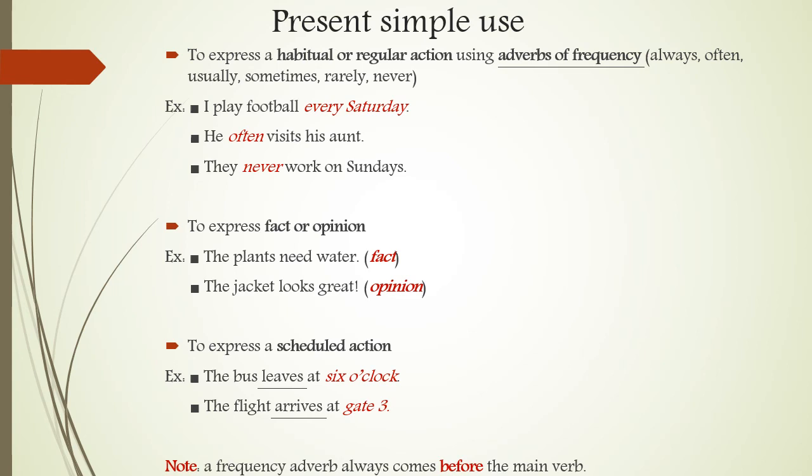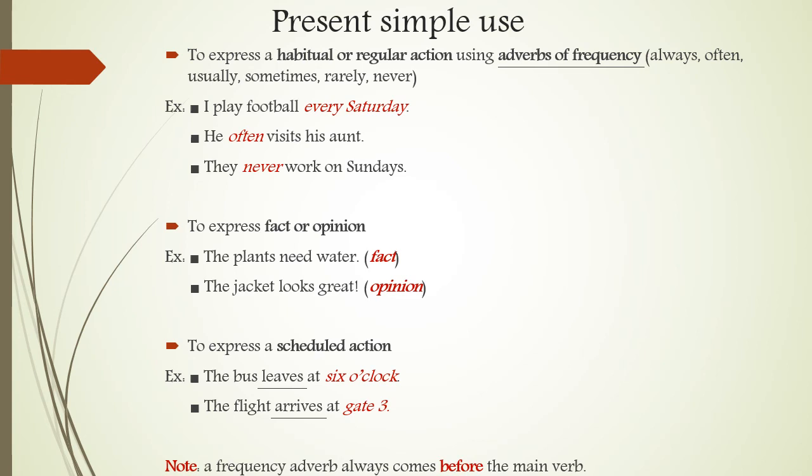So these verbs let us know that this is a scheduled action, plus we might have some keywords or hints like 6 o'clock, gate 3, at 8 p.m., whatever. So any timing in a sentence is called a scheduled action, and we use the simple present tense with this type of sentence.